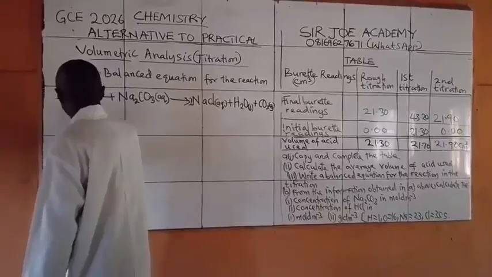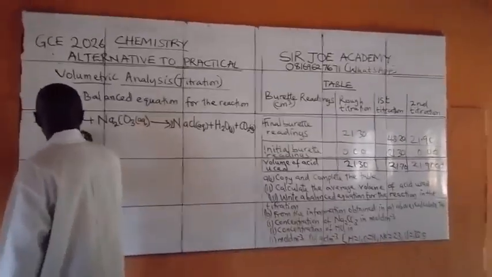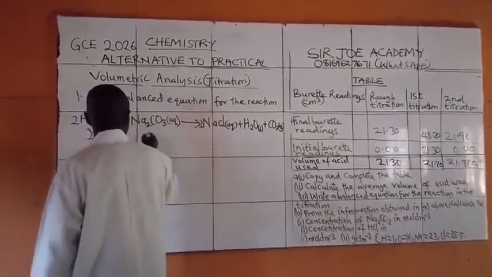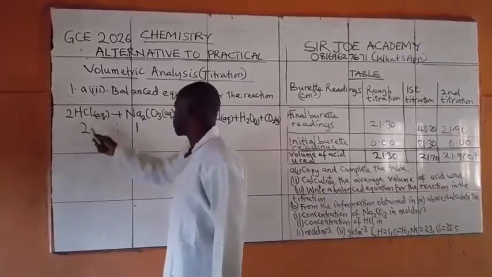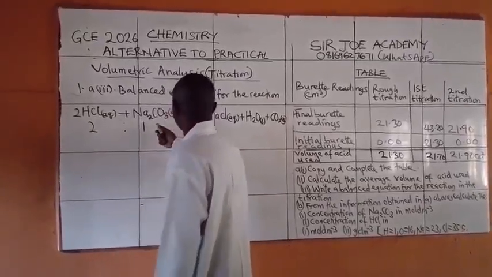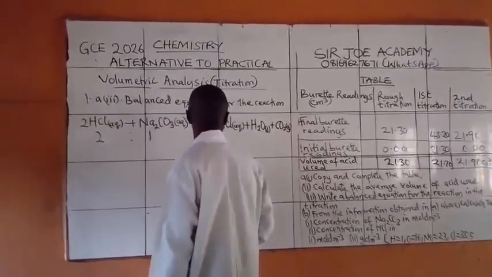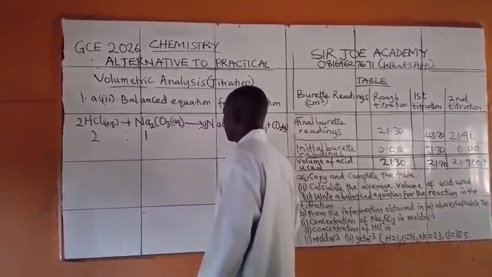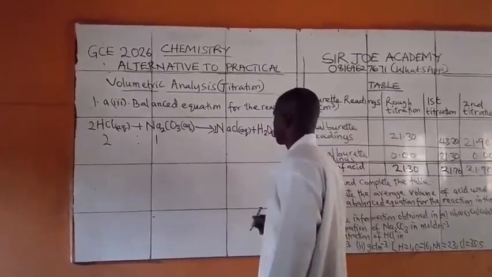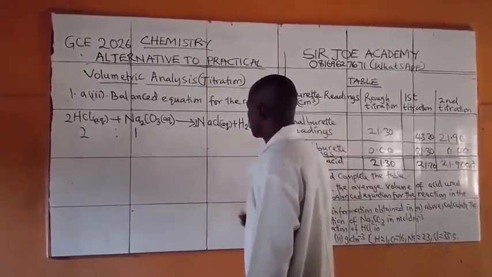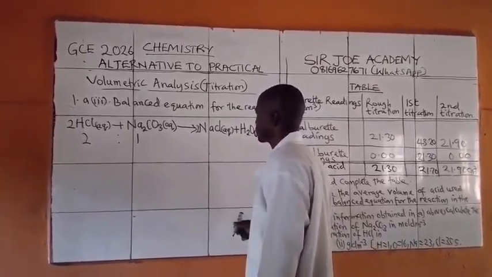The mole ratio of acid is 2, and the mole ratio of base is 1. So with this, the equation is balanced.